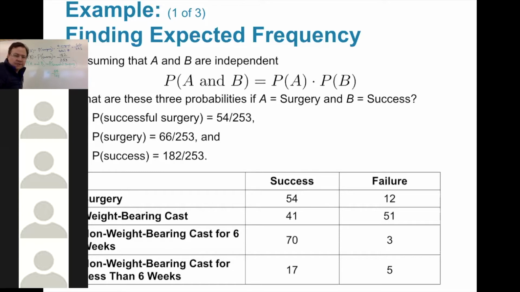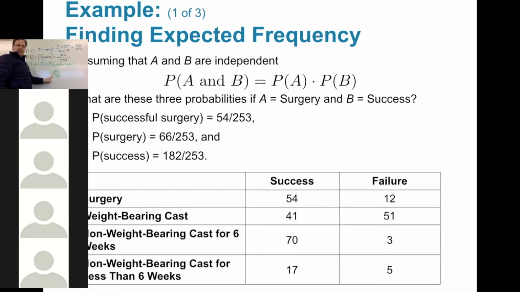Now, when you look at these numbers, if A and B are independent, then that means this number, P of A multiplied by P of B, should be equal to the probability of A and B.